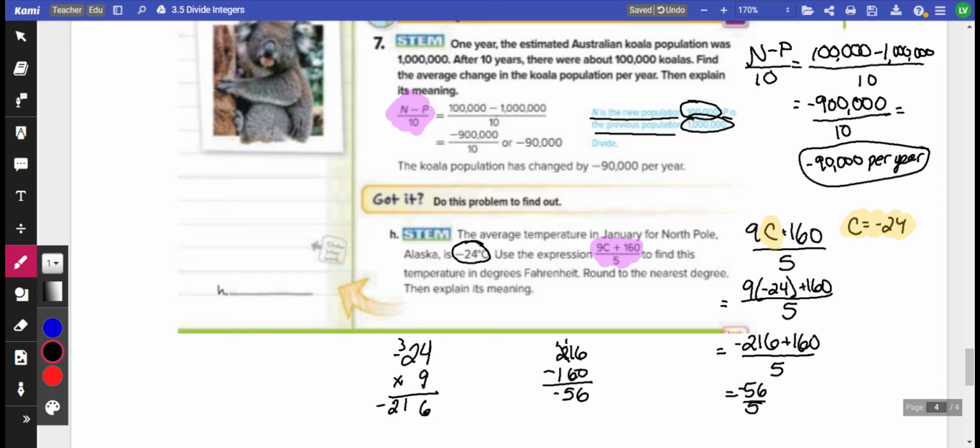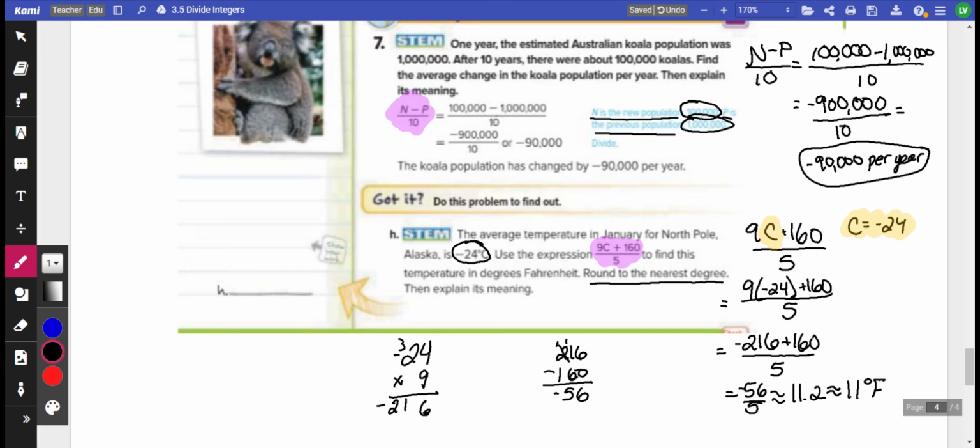So negative 56 divided by 5 is approximately 11.2. So I'm going to say it's approximately 11 degrees Fahrenheit, because it says round to the nearest degree.